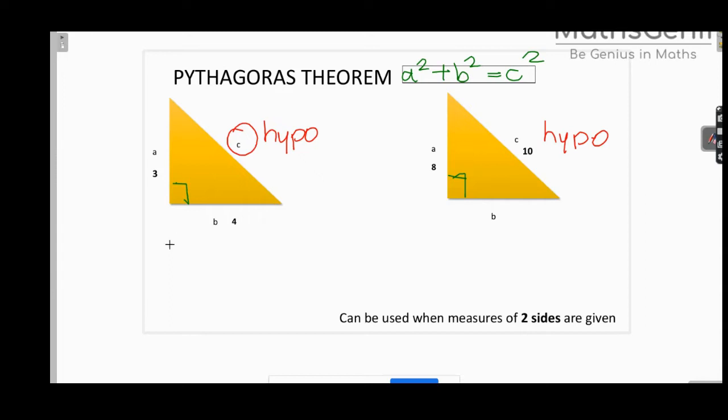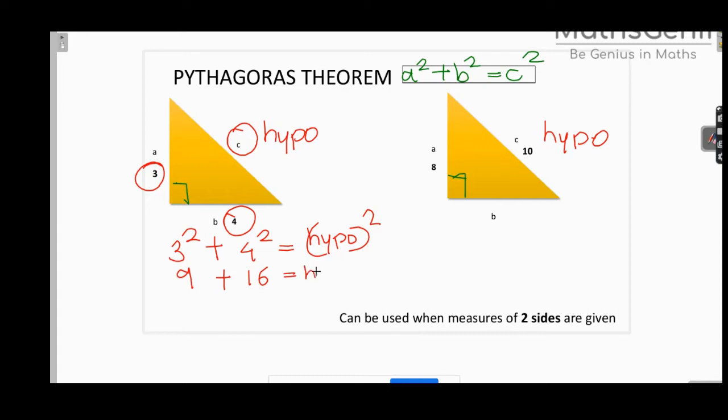Now what is the formula? Side 1 square, which is this, plus side 2 square, which is this, is equal to hypotenuse square. Okay. 3 square is 9. 4 square is 16 is equal to hypotenuse square. 16 plus 9, 25.